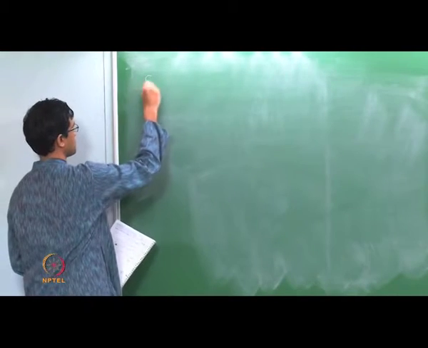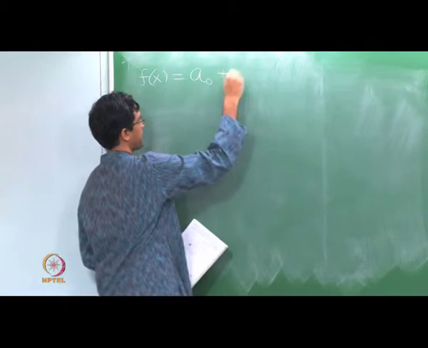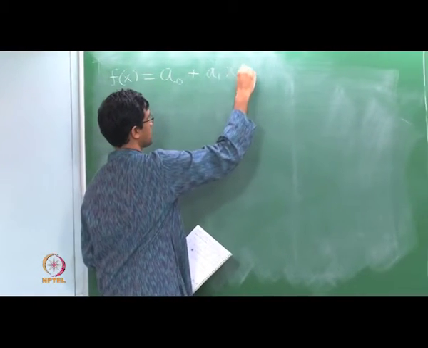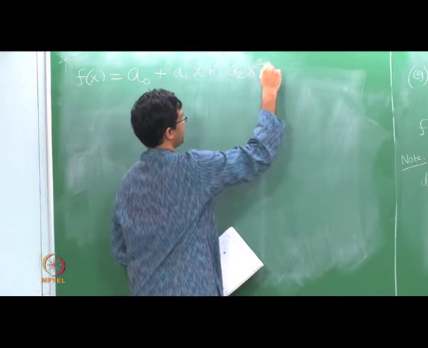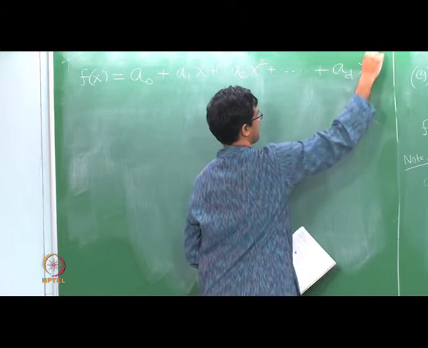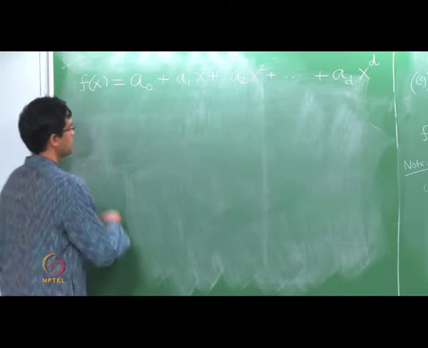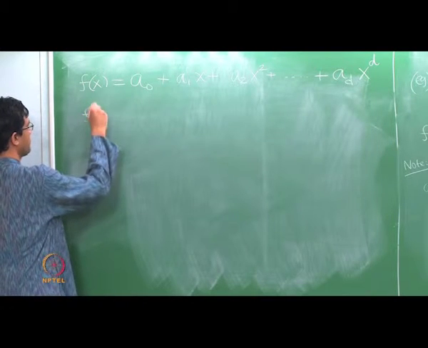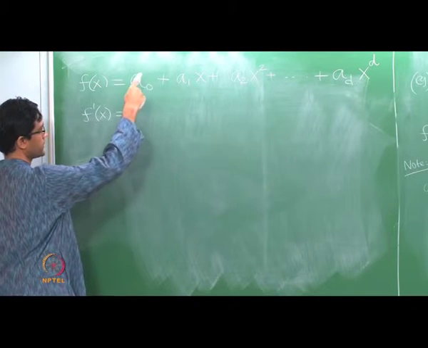Now observe the following nice thing which happens when you keep taking derivatives of polynomials. Suppose I have a general polynomial, an arbitrary polynomial with this expression. It's a degree d polynomial, and if you take one derivative, what we call f prime of x, then the derivative of a constant is 0.